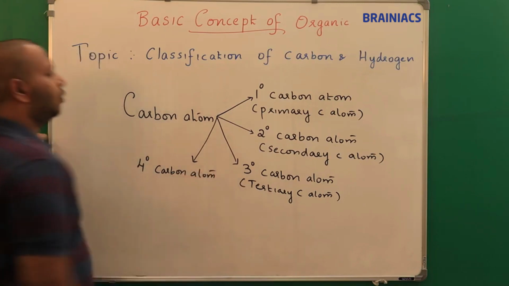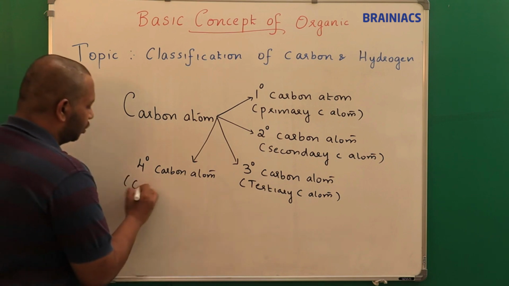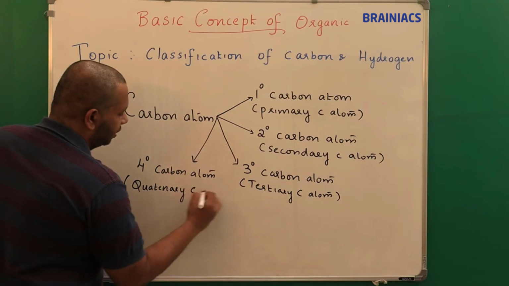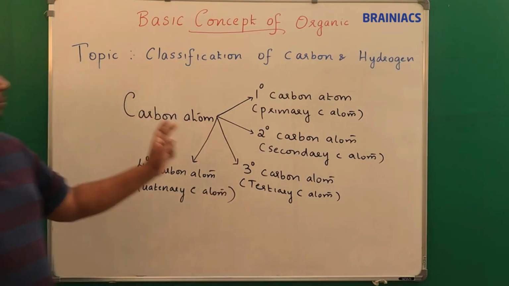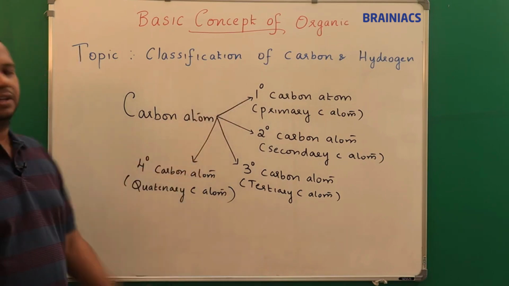Can you name what it is called actually? Other than 4-degree, we can say this as quaternary carbon atom. Understood? So basically carbon atom is classified into 1-degree, 2-degree, 3-degree and 4-degree carbon atom.